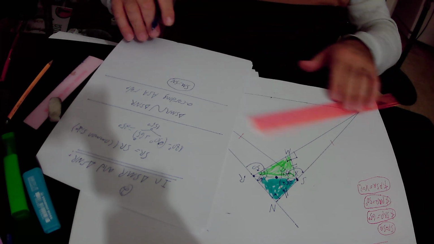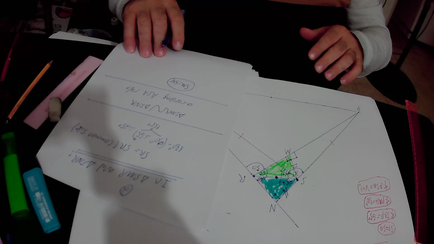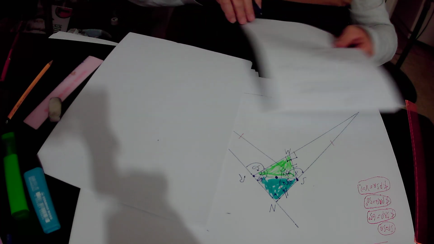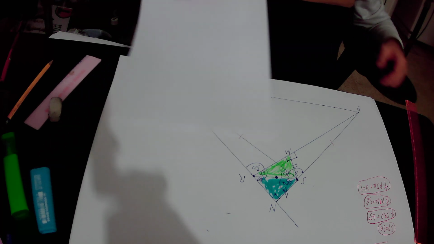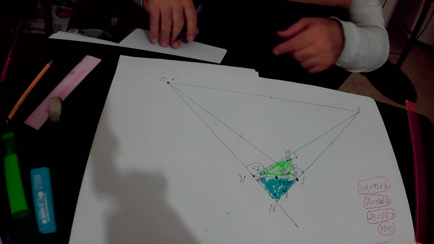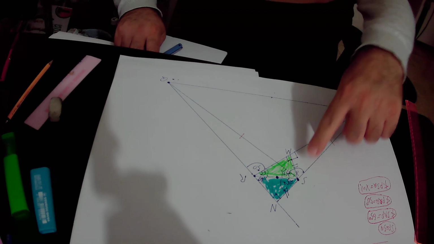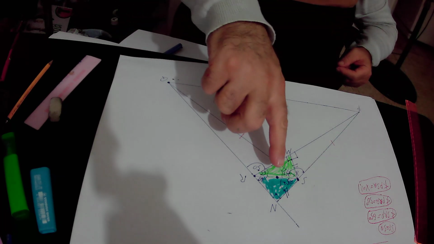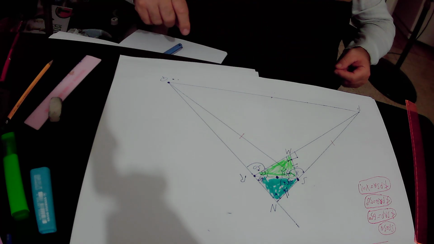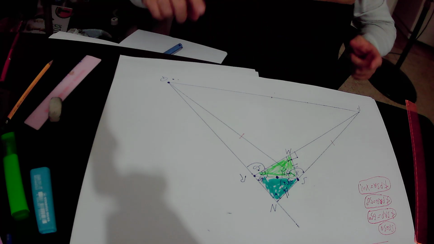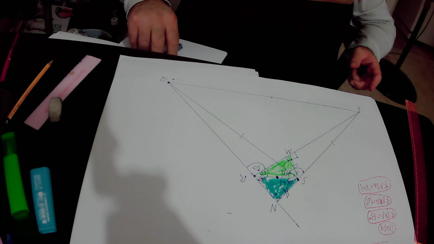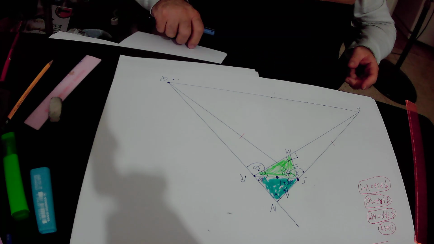Okay? So in the next step we will focus on two right triangles. The right triangle SMP, this right triangle, and the right triangle SNP, this right triangle. And we will prove that those two right triangles can go into each other. Okay?